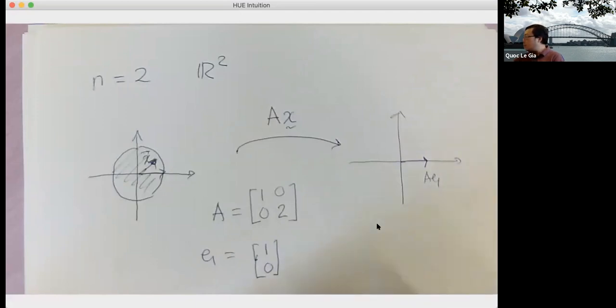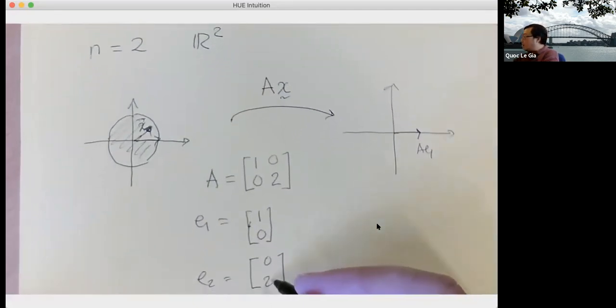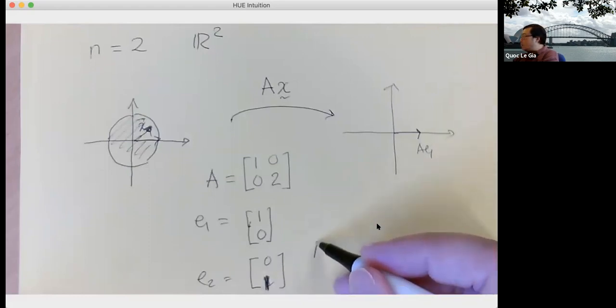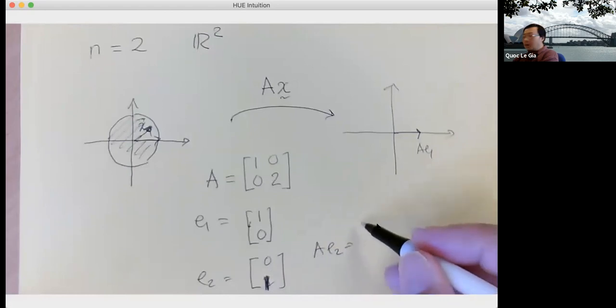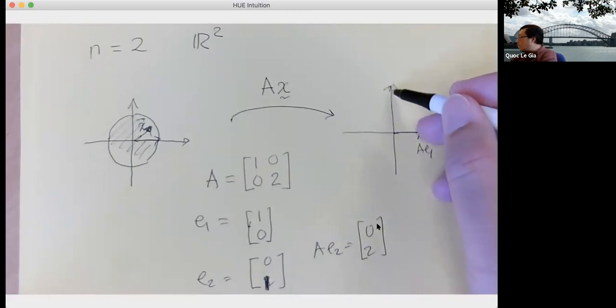And then E2 is 0, 1, yeah? Then AE2 is just 0, 2. Okay, so where is 0, 2? It is right here.